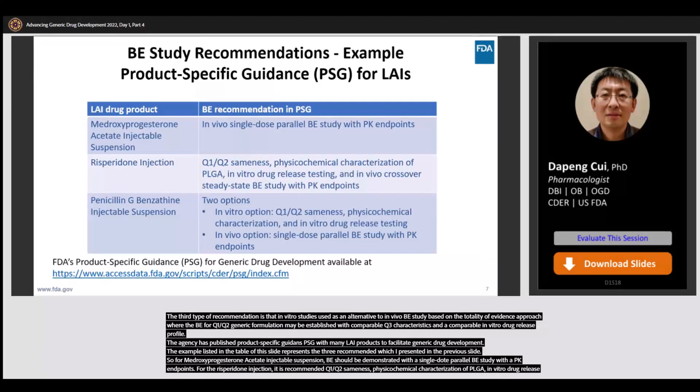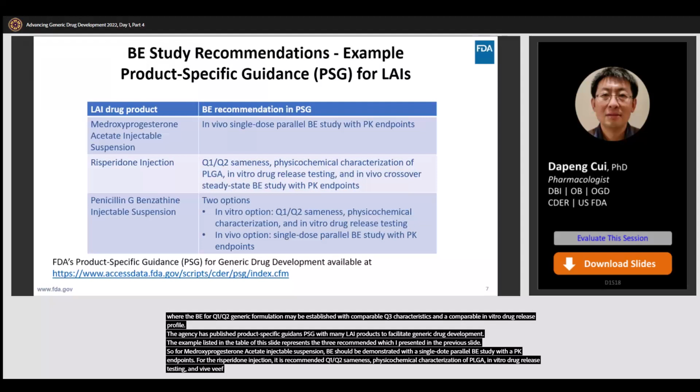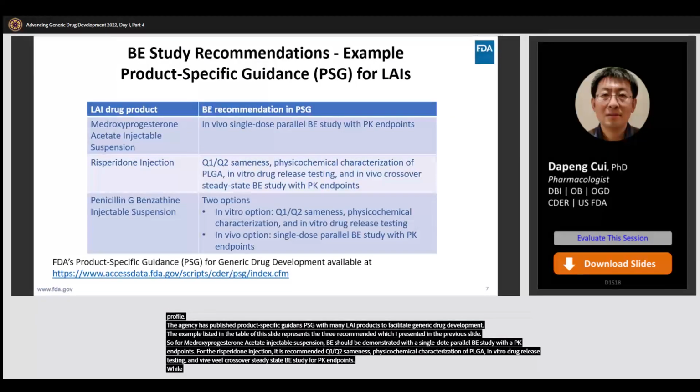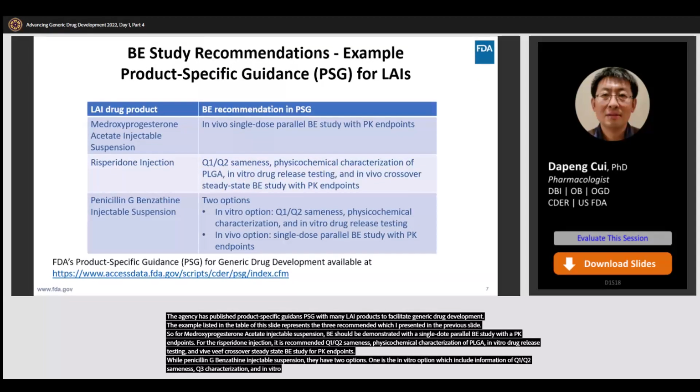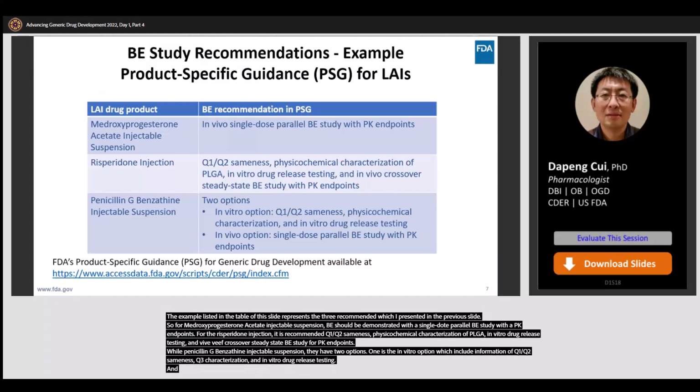While for penicillin G benzathine injectable suspension, the applicant has two options to demonstrate BE. One is the in vitro option, which includes the information on Q1, Q2 sameness, Q3 characterization, and in vitro drug release testing. And the other option is the in vivo approach, which is to conduct a single-dose parallel PK BE study.